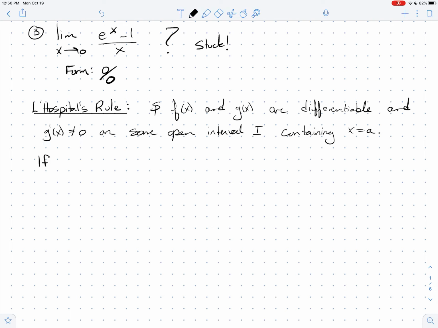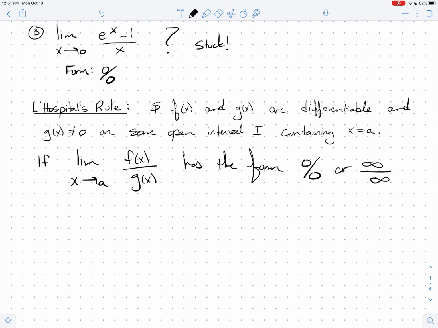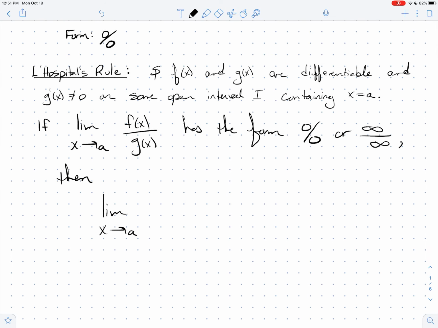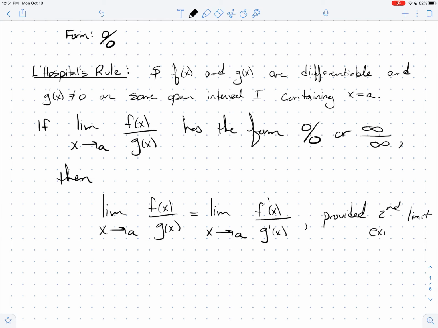So let's say it like this. If the limit as x goes to a of f of x over g of x has the form 0 over 0 or infinity over infinity, then the limit as x goes to a of f of x over g of x is the same thing as the limit as x goes to a of f prime of x over g prime of x, provided that the second limit actually exists.